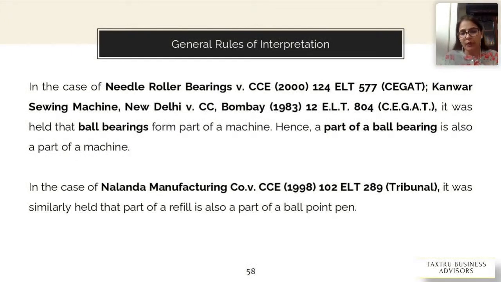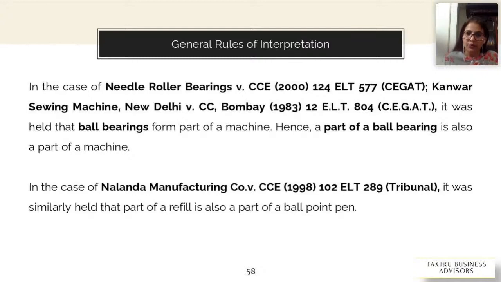In the case of needle roller bearing, it was held that a ball bearing forms part of a machine. Hence, a part of a ball bearing is also a part of the machine. When I'm comparing parts, let's say a ball bearing is a part of a machine, then any part that is used in that ball bearing will also fall under the definition of part of the ball bearing itself. So when two parts are being classified, a part or a sub part has to be merged in that part itself.